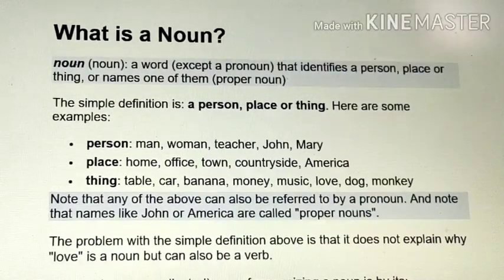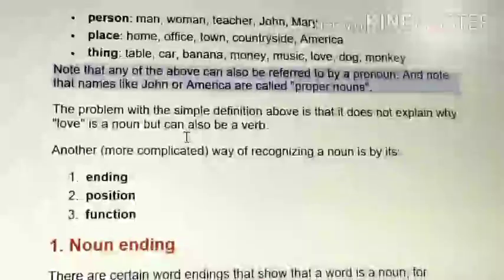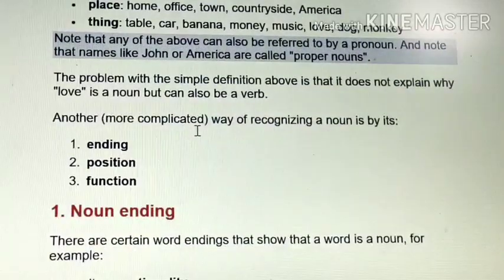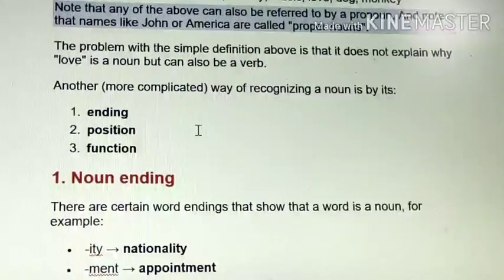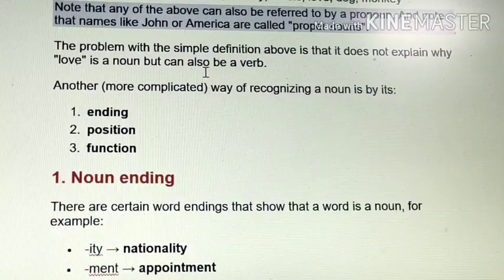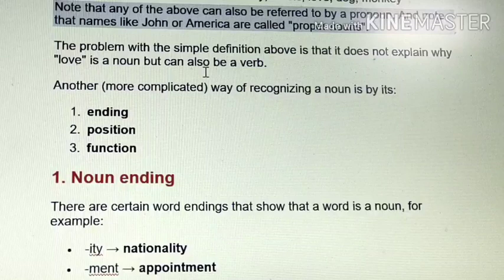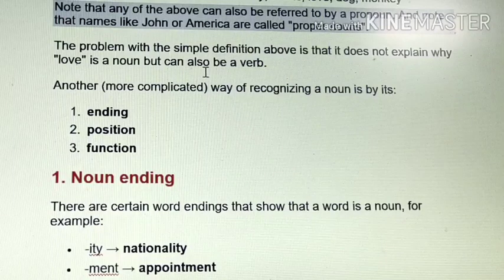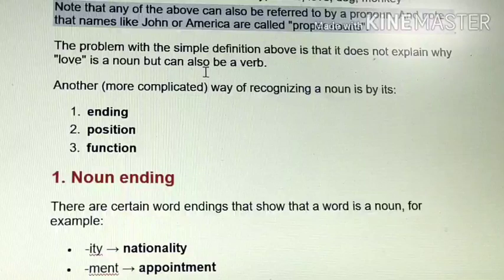Now, the students have some problems. They cannot understand which words are particularly noun. So the problem is there. The problem with the simple definition that I have stated above is that it does not explain why some words are considered to be noun as well as verb. It means the definition is not confined or limited to what I have mentioned here.